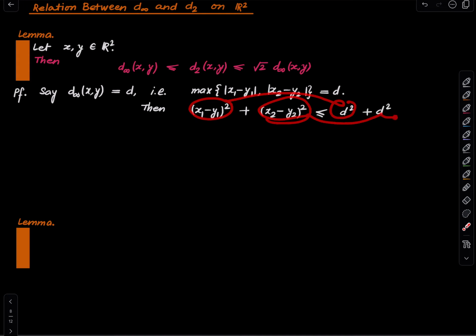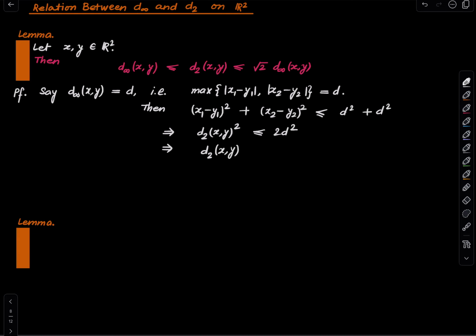Same for that one. Therefore the square of the Euclidean distance between x and y is at most 2D square, and we get this is at most root 2 D, which by definition was that thing. Actually, we have proven this one first. I thought I was proving this one, but I ended up proving the other. Okay, so we established that.